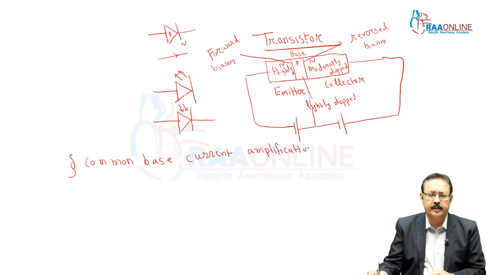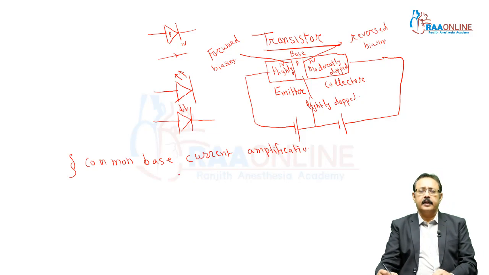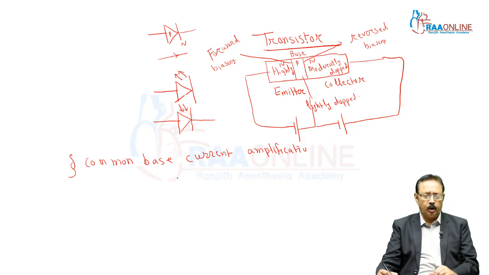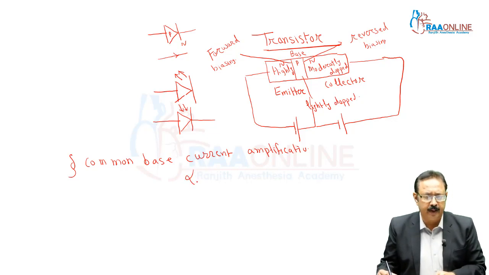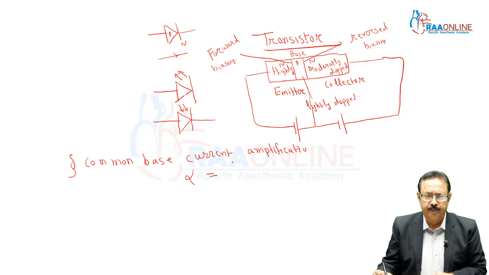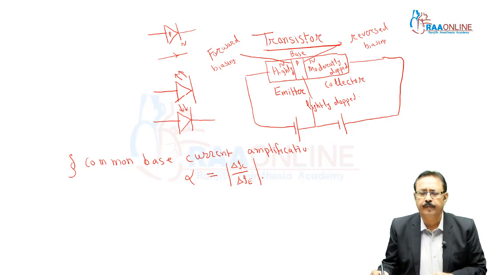Common base means base is connected to both emitter and collector. It is common. In this, current amplification is denoted by alpha and it is known as delta IC upon delta IE, when VCB is constant. Alpha is alternating current we are using.